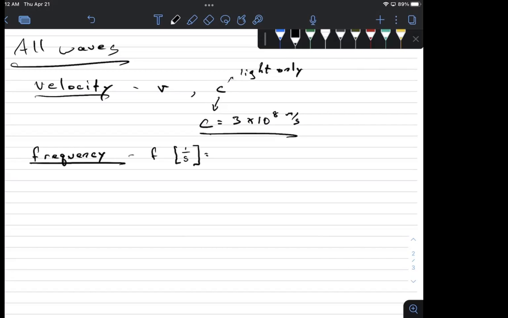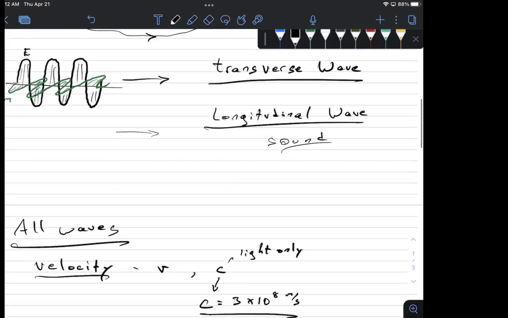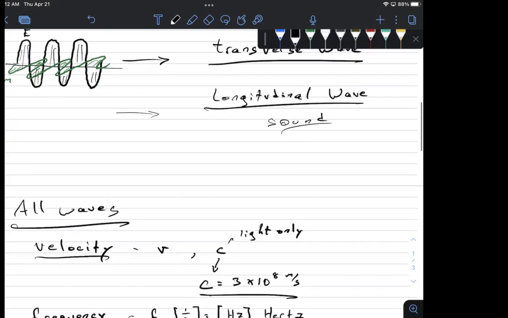So we redefine it, we give it a special name, which is capital H little z, which stands for hertz. Okay, that's the frequency. What is frequency? Frequency is literally, just as the name kind of implies, how fast does the wave wave? How fast does it oscillate?